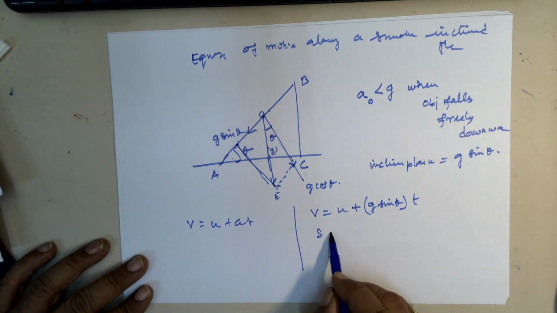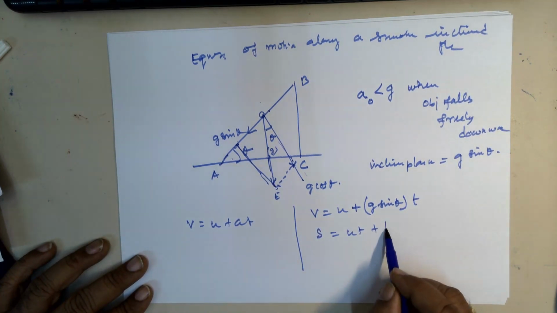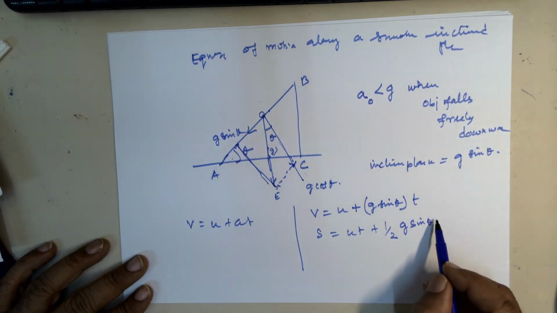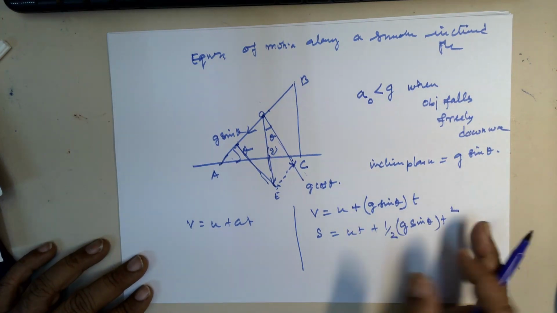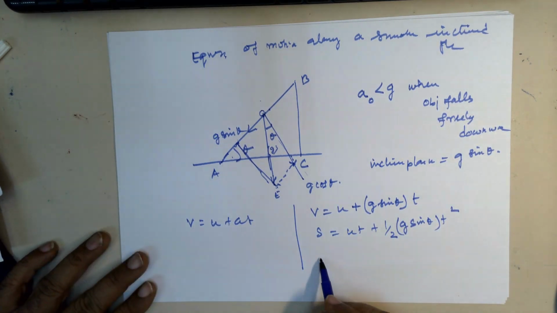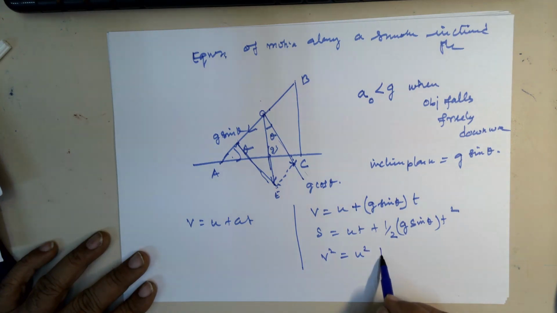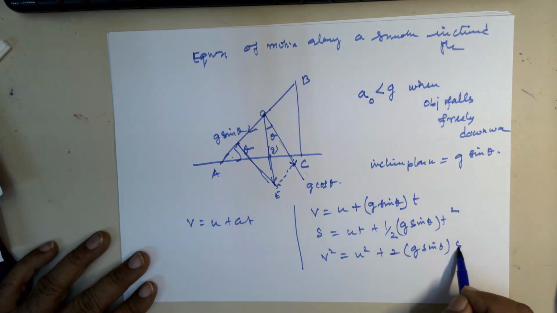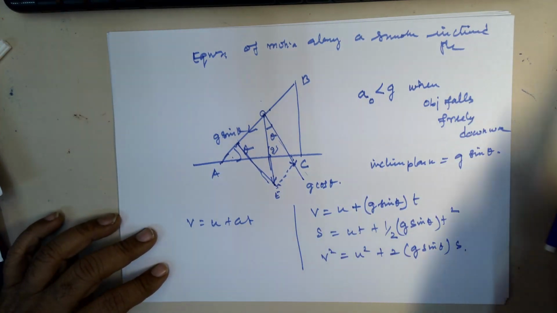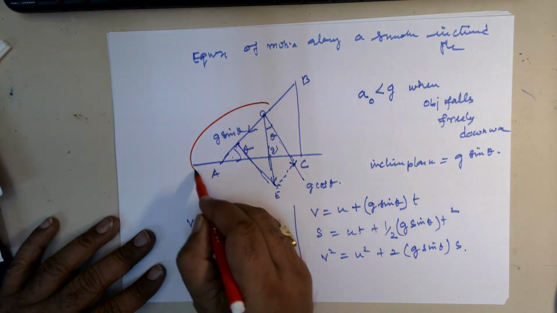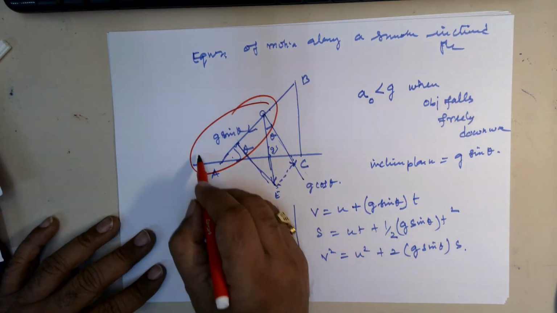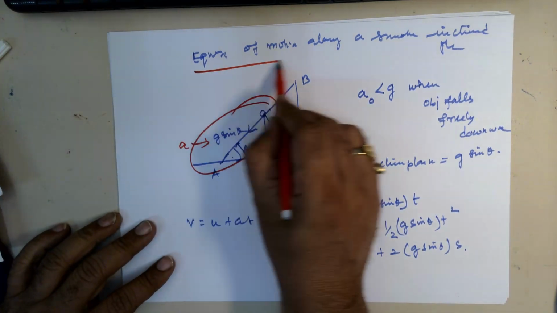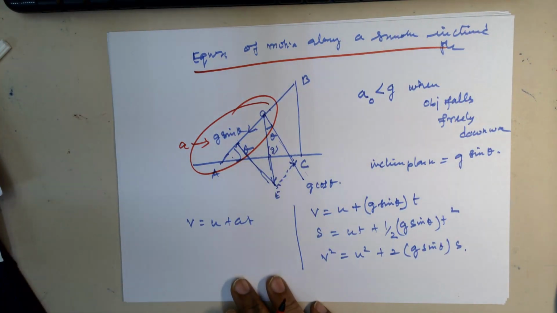And the second formula, s is equal to ut plus half a t squared; instead of a you can put g sine theta into t squared. And v squared is equal to u squared plus 2as, that is 2 into g sine theta into s. You can consider only this g sine theta. Just remember a is equal to g sine theta, and replacing this, you get the complete equations of motion along the inclined plane.